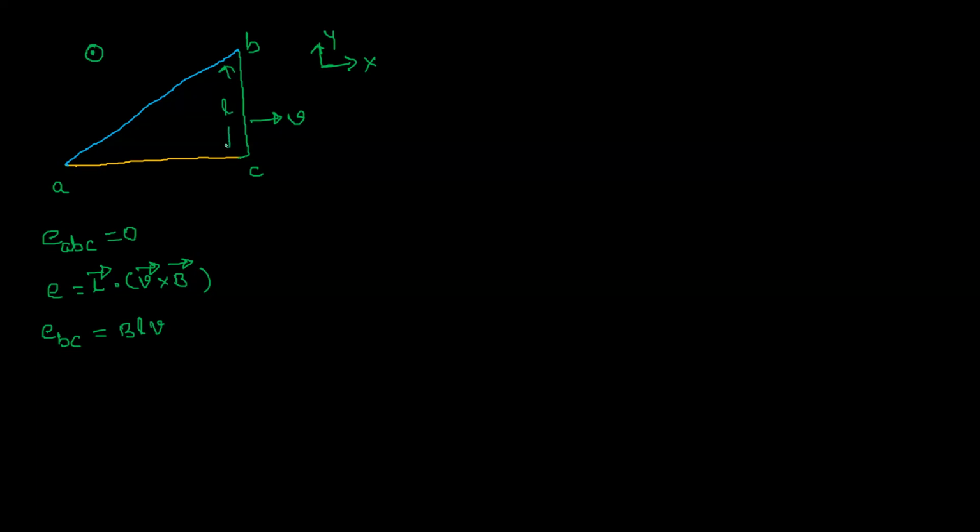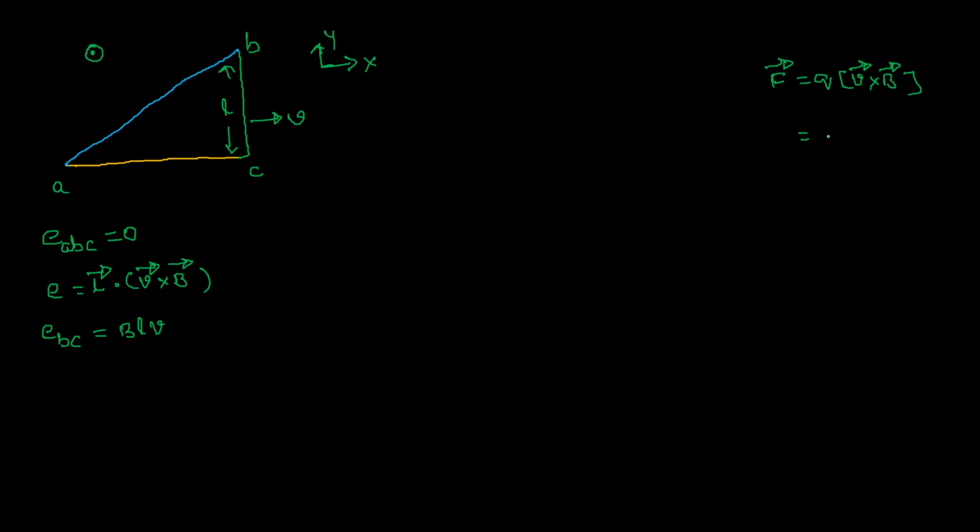So BLV, right? And if you want to decide which point is at a high potential, is it point B or point C? Then see what we can do. Focusing only on BC, I am considering the force acting on electrons in the wire BC. F bar equal to Q into V bar cross B bar. We are just focusing on the direction of force on electrons in the wire BC.